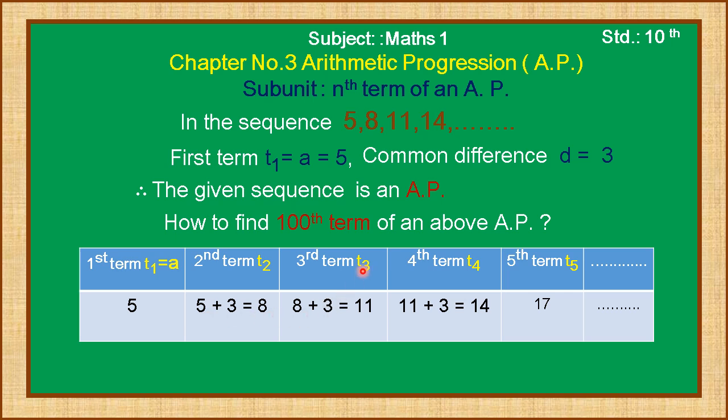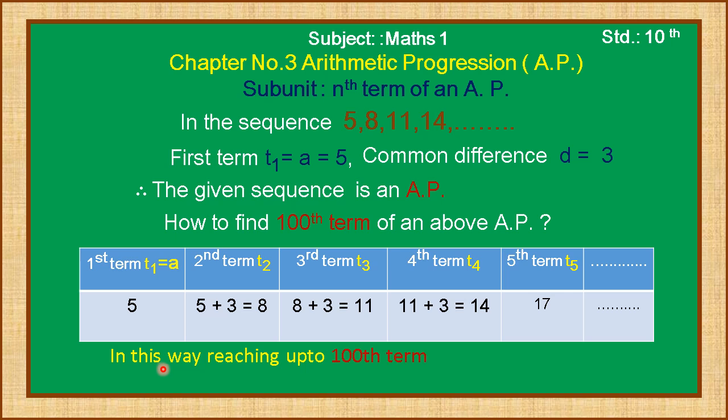For the next term T3, add 3 to the second term 8, and you will get the third term 11. For the fourth term we add 3 to the third term 11, and you will get 14. Continuing, the fifth term is 17. You can easily find every term of any AP by this method.